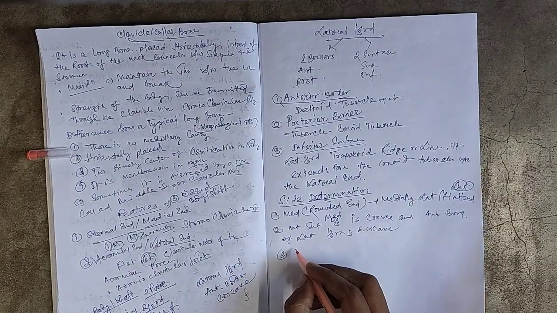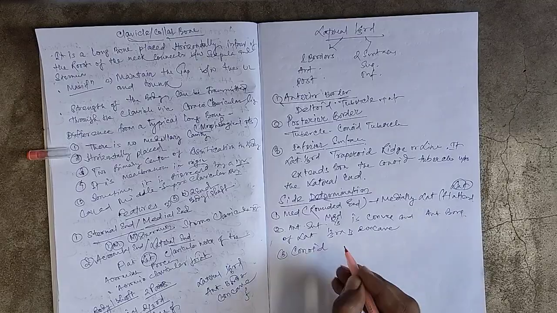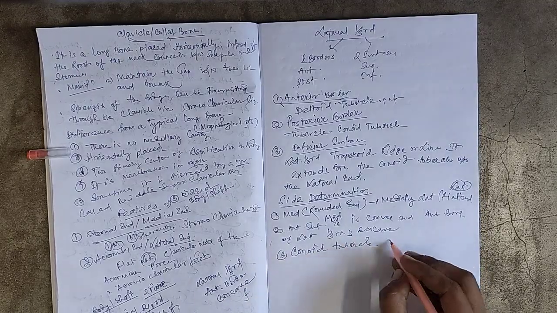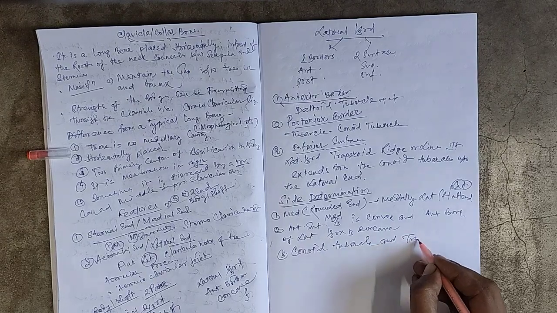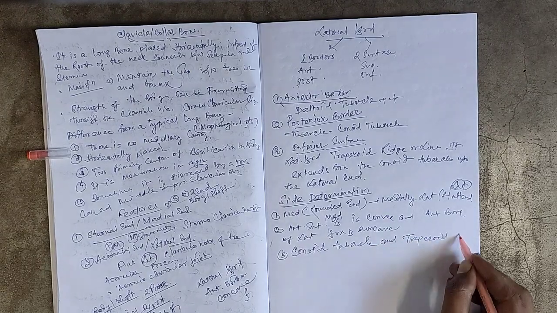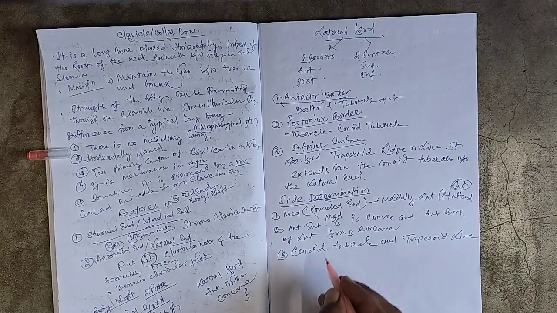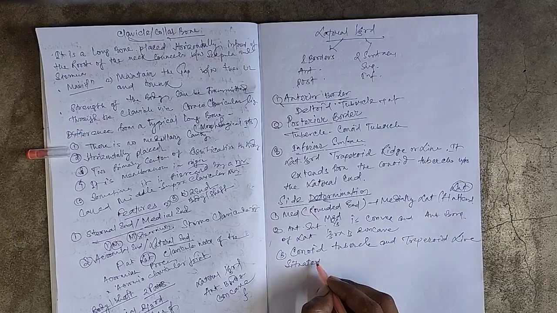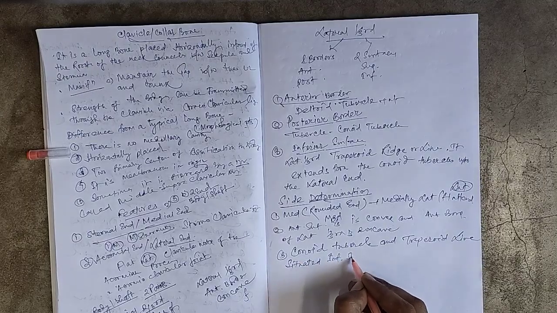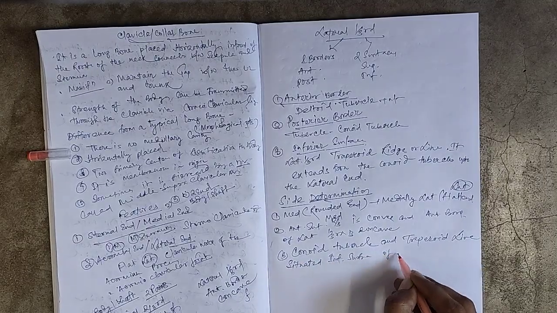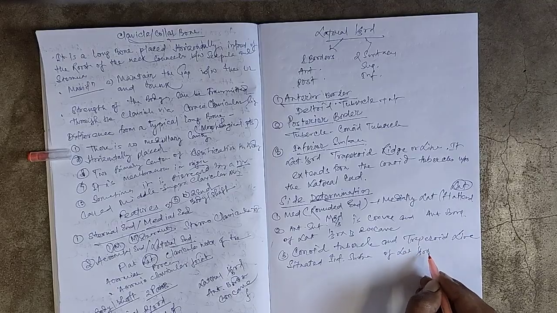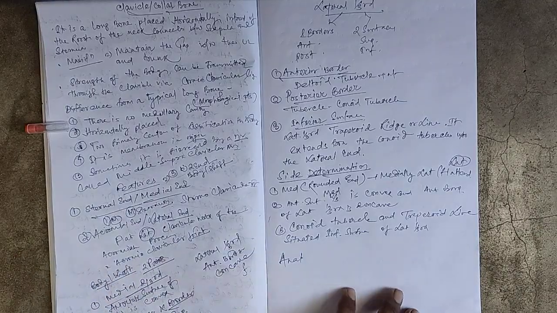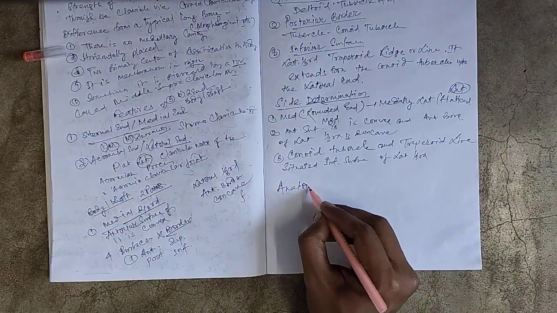Number 3, that is the conoid tubercle and the trapezoid line or trapezoid ridge situated in the inferior surface of the lateral 1/3. Now we will discuss the anatomical position.